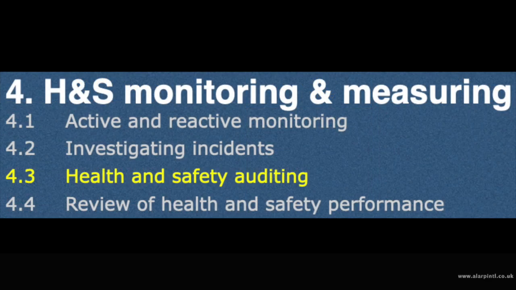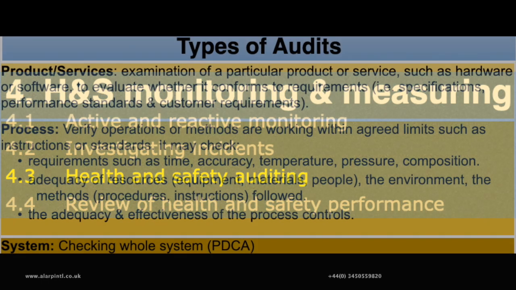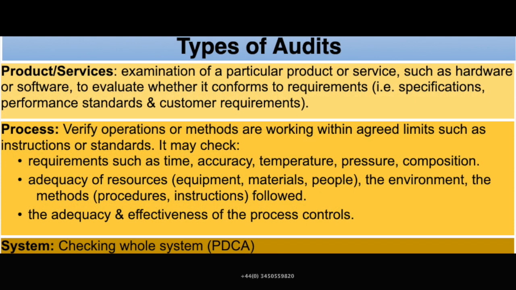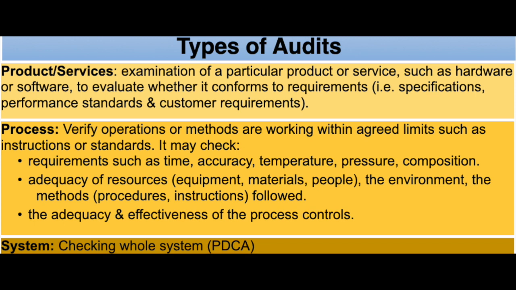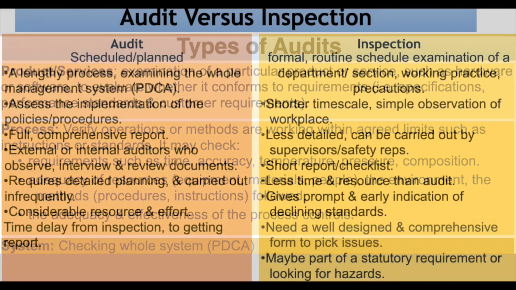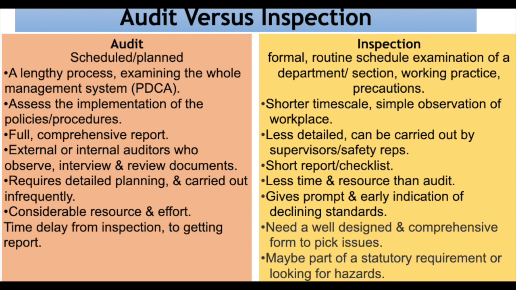Now, as part of proactive monitoring, one of the tools is the use of health and safety audits. A health and safety audit looks at the holistic picture, i.e. the products and services, the processes that are happening and the systems that you have in place. So have a good understanding regarding safety audits, and it is quite easy to confuse the health and safety audit and inspection.